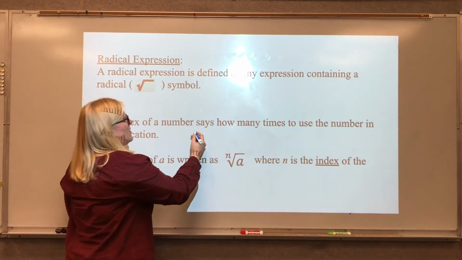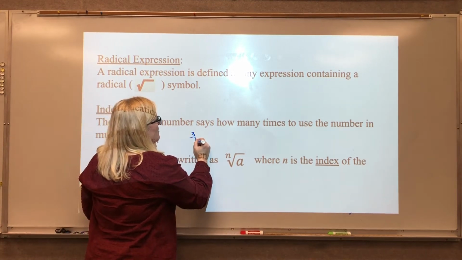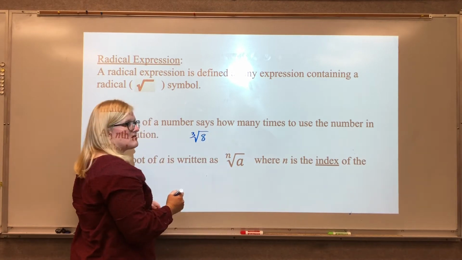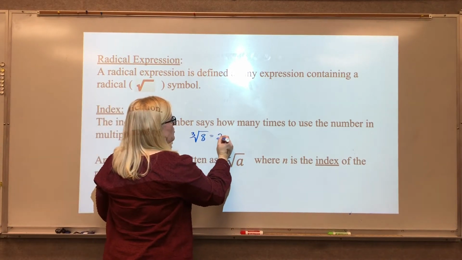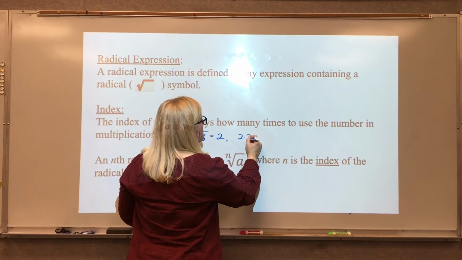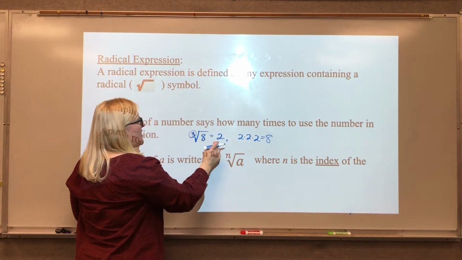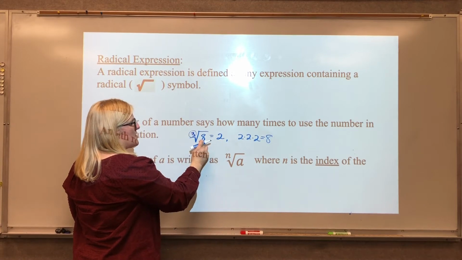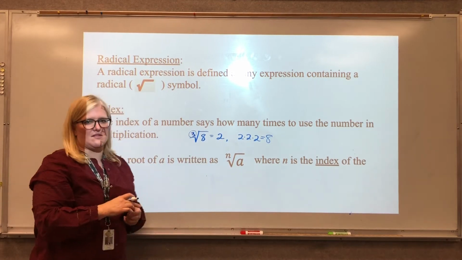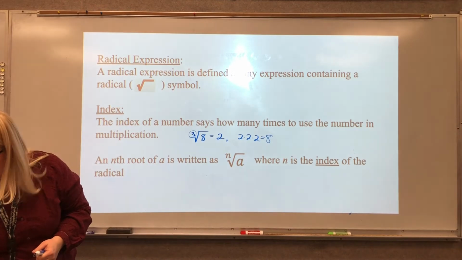So for example, if I take the cube root of 8, I get 2, which means that 2 times 2 times 2 is 8. So I have to multiply this number 3 times to get 8, and that's what that definition means.